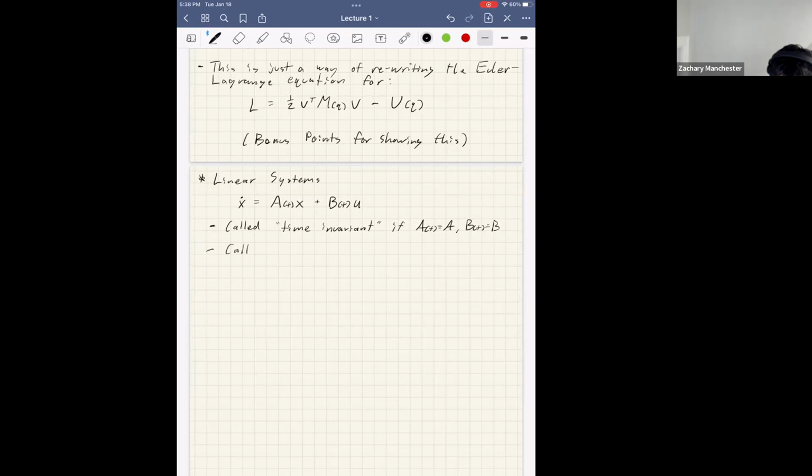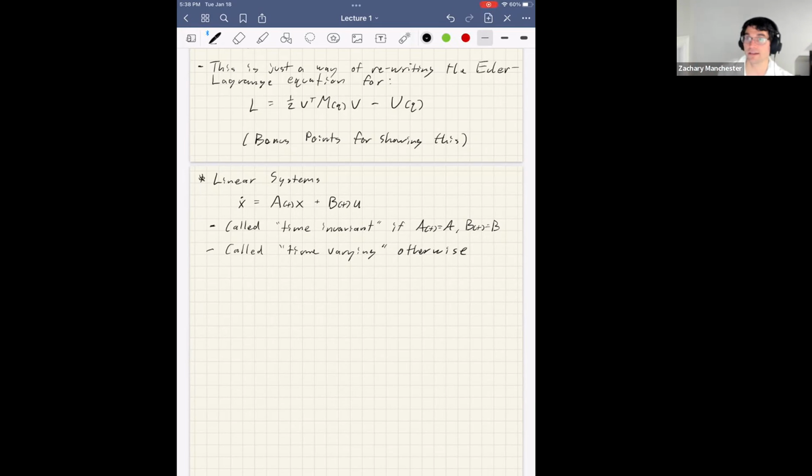If those things vary in time, it's sort of obvious. There are some other interesting cases as well. For example, you can have linear periodic systems, where A(t) and B(t) are periodic with some period capital T. That can be interesting.